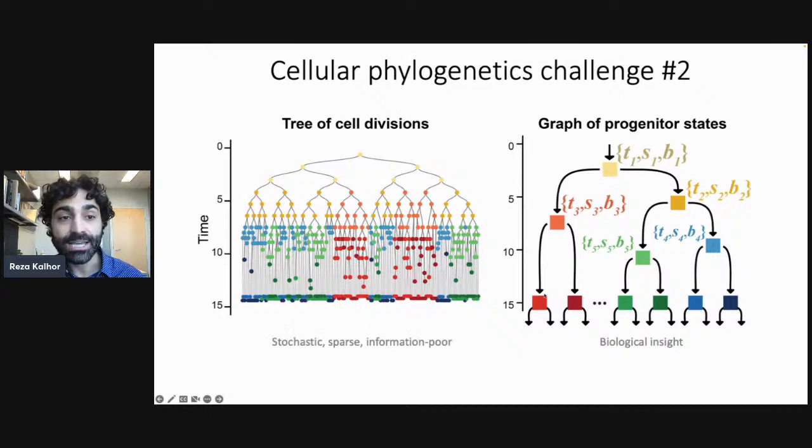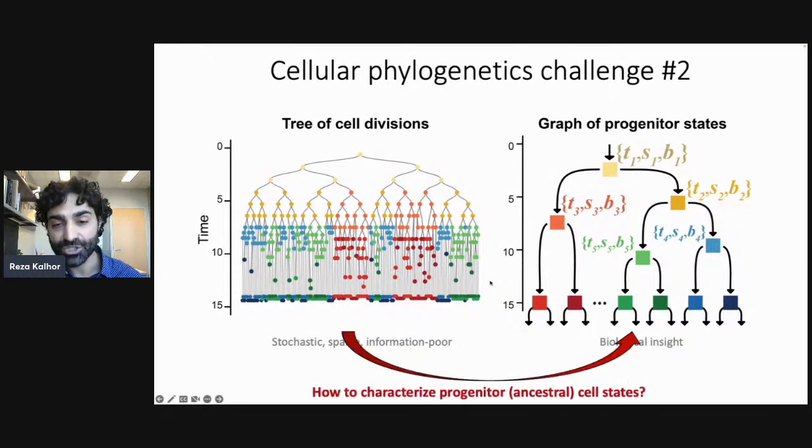As such, phylogeny itself tends to be stochastic, sparse because we can't sequence all cells, and information poor because many divisions don't have cell fate information associated with them. So the second class of very interesting problems in this field is: how do we use cell phylogeny to learn something about these progenitor states?